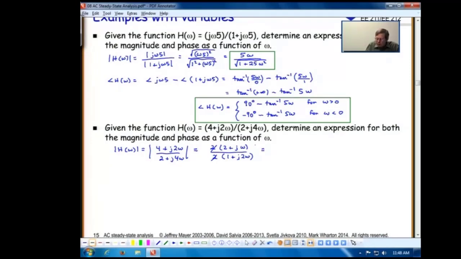So if I get the magnitude of this expression, that's going to be real part squared, 2 squared plus omega squared, square root in the numerator, and in the denominator it's going to be square root of real part squared plus imaginary part squared.